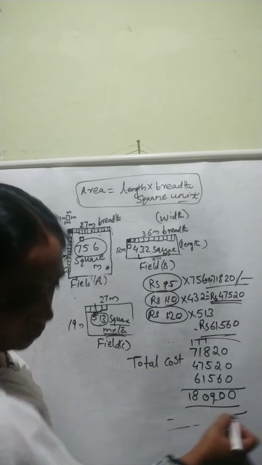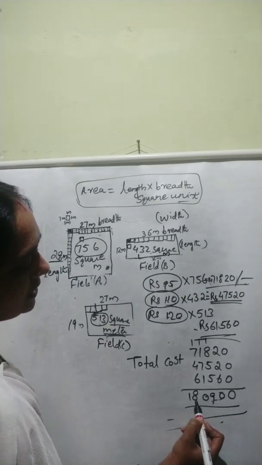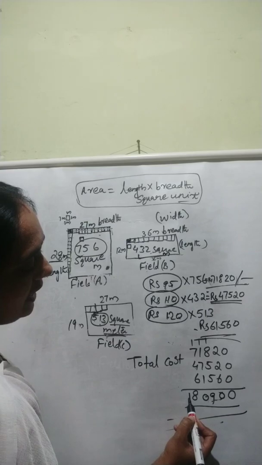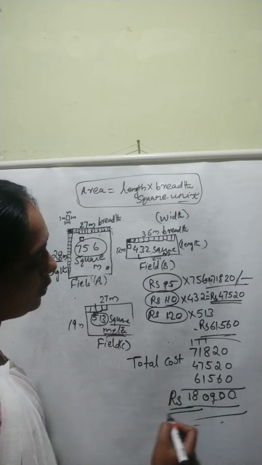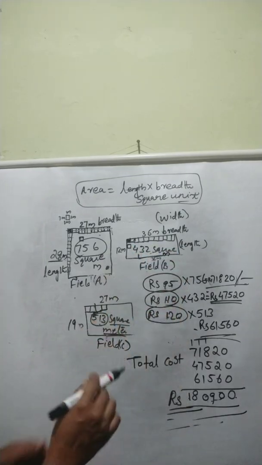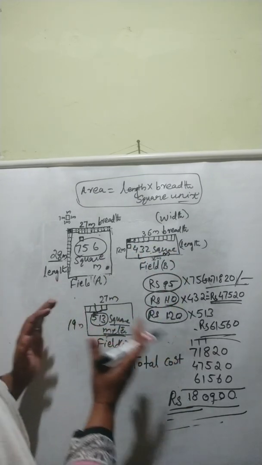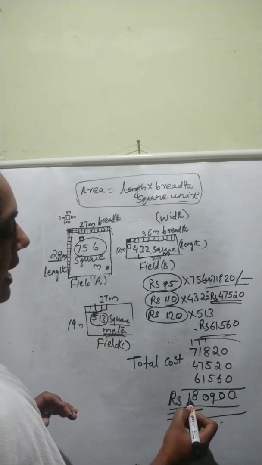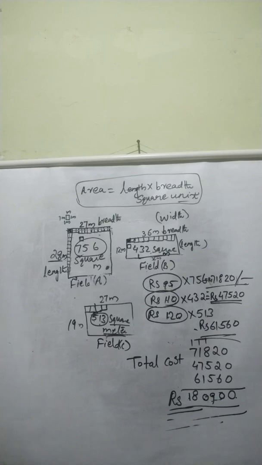So the total amount is ones, tens, hundreds, thousands, ten thousands, lakhs. So 1,80,900 is the total cost of these three fields. So Karunya gave a total of 1,80,900 rupees. Okay.